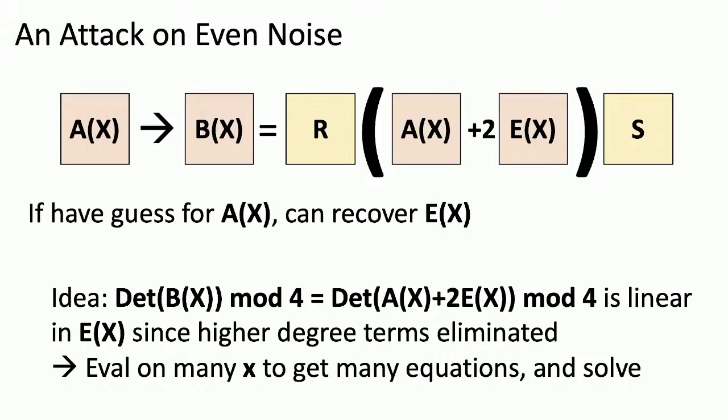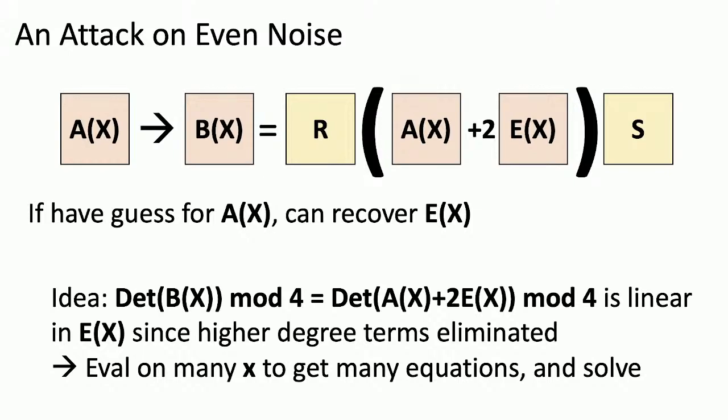And it turns out if you know what A of X is, you can actually recover E of X from this construction. And if you can recover E of X, then you're toast. What's the idea? The idea is to look at the determinant of this randomized function, mod 4. We know mod 2, it's just telling you the evaluation of the function.